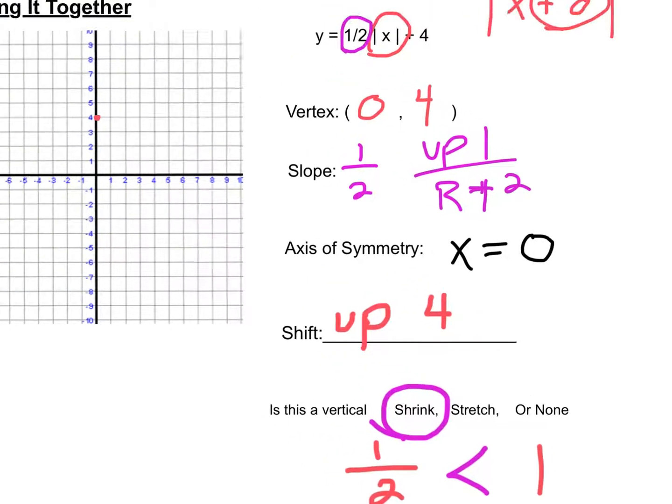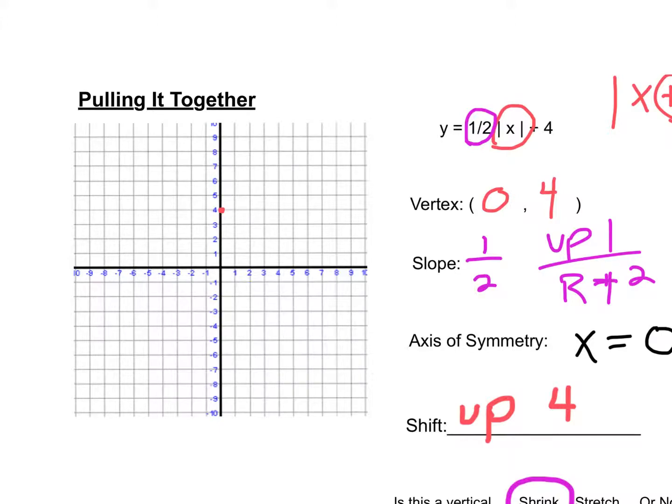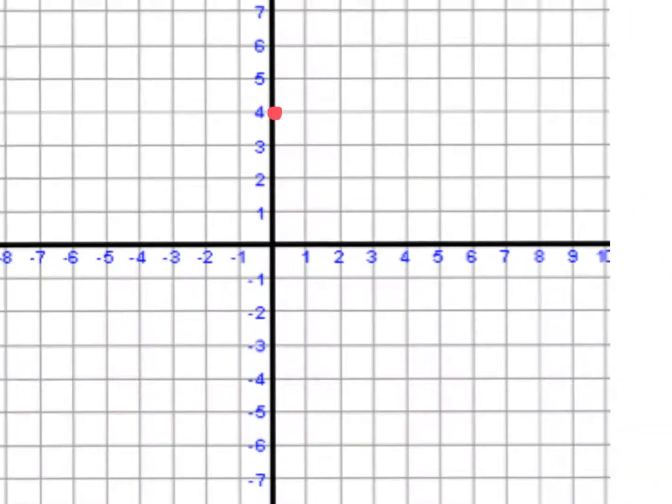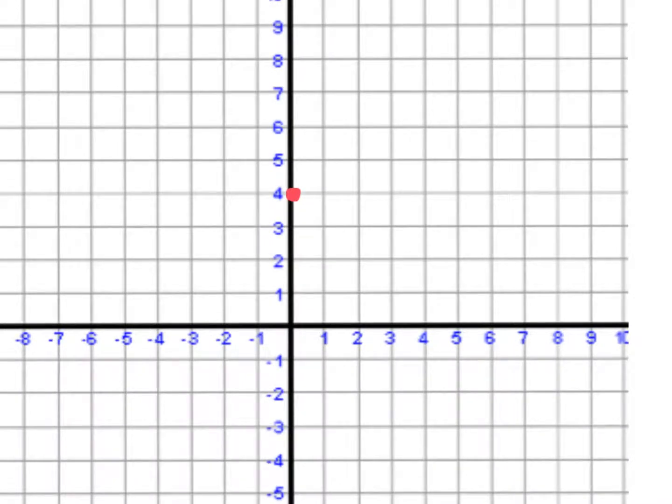So let's go to our graphing. Our slope is 1/2, so we're going to go up 1 to the right 2. Now let's put on our axis of symmetry, which is our mirror line. In this case, it's going to be the y-axis itself. And let's reflect.